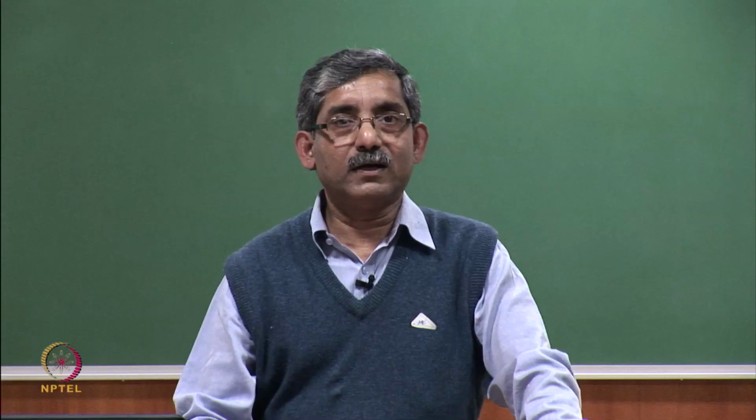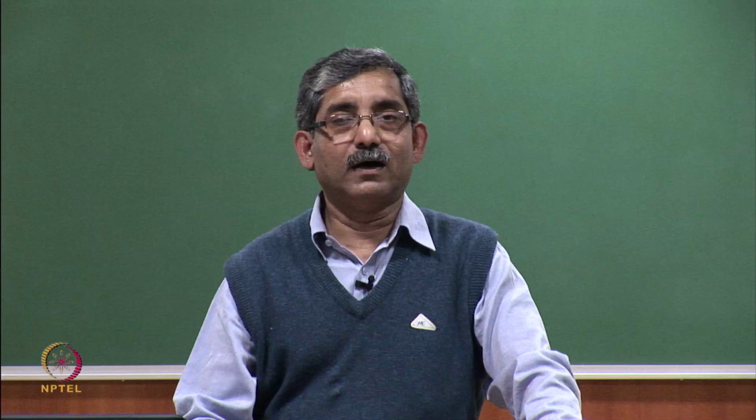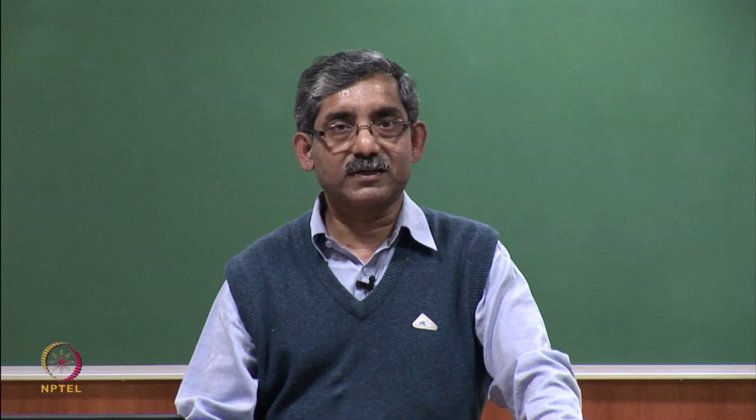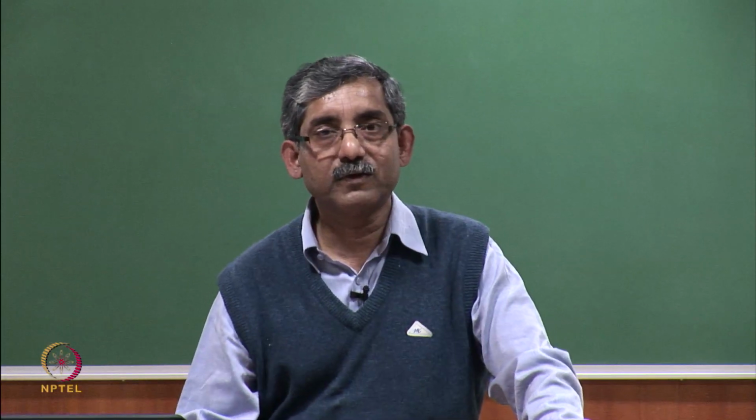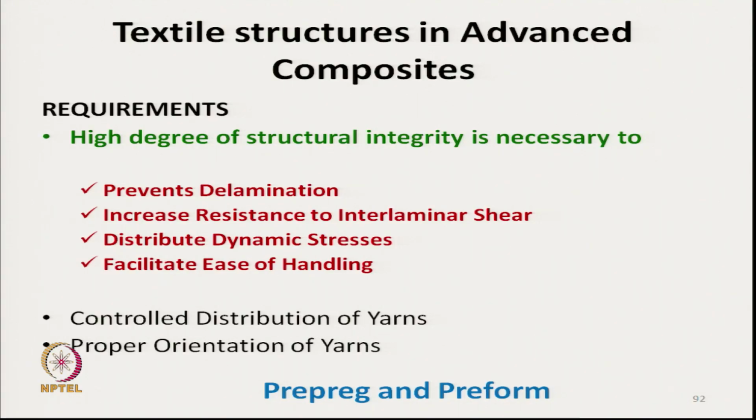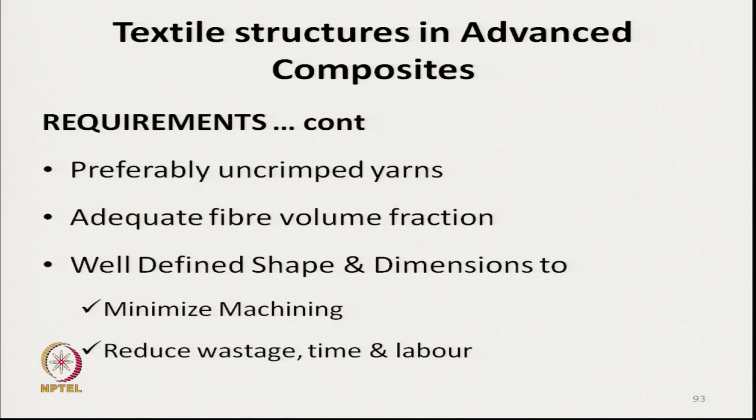Okay. So, to have better characteristics, controlled distribution of yarns in the prepreg or preform is important. Proper orientation of yarns is required to have better characteristics.